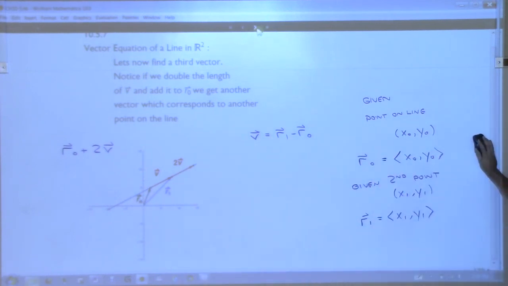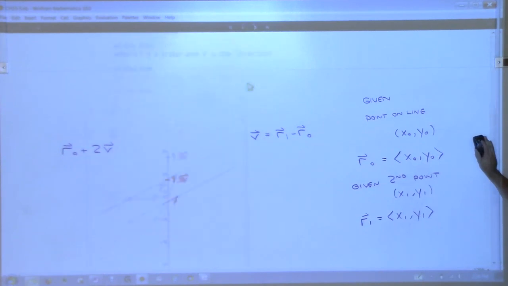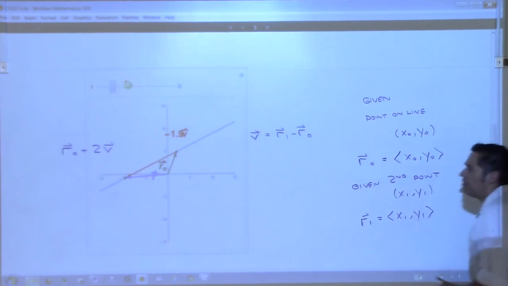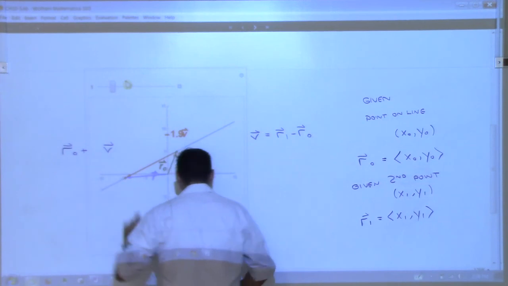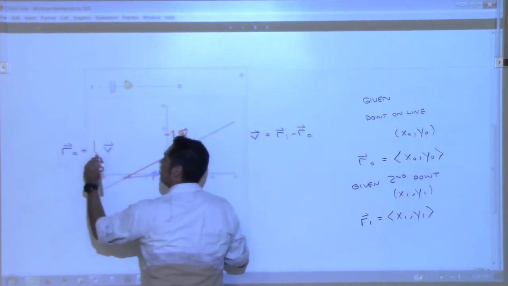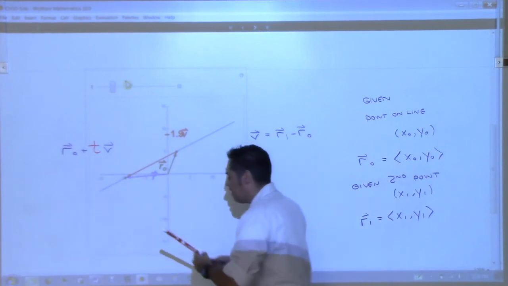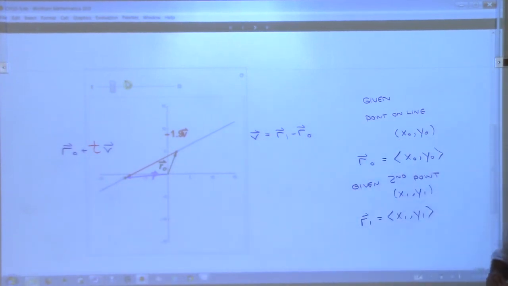So essentially this is happening. I can basically say that if I just let this be some variable in front of v, let's call it t, and let t take on all real numbers, then I'm going to be starting out at r naught, right?